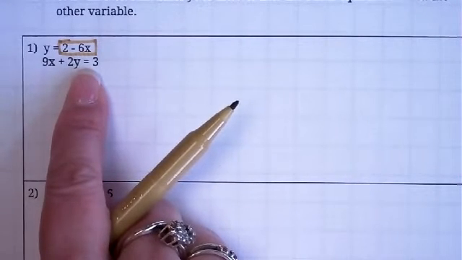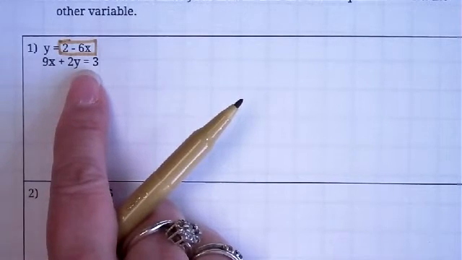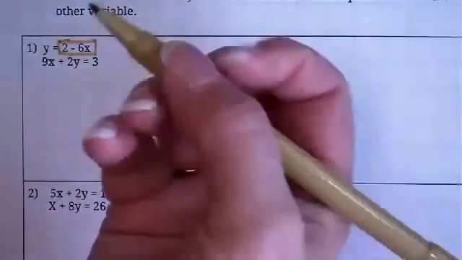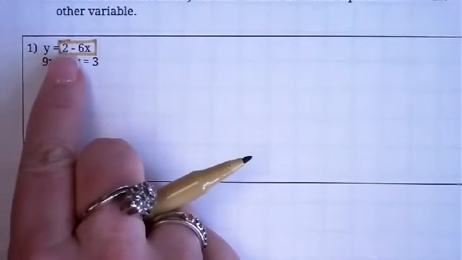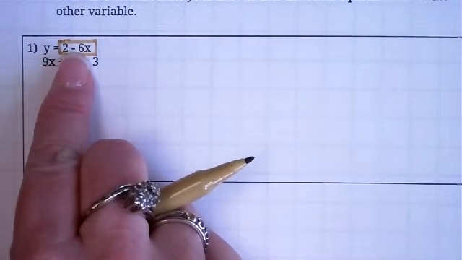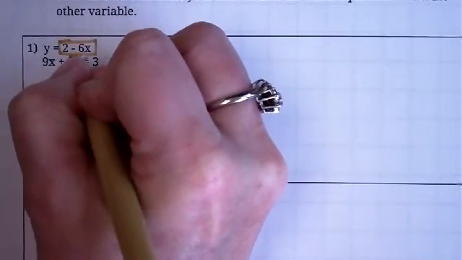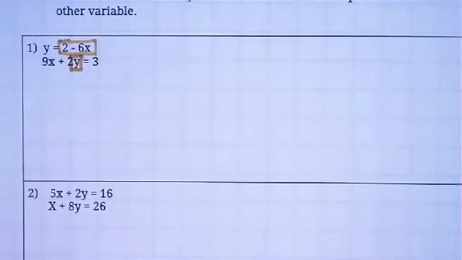But I can still do my substitution, because I'm going to take this whole little box right here, the 2 minus 6x, that I know that y is equal to, and I'm going to take it and put it in place of y in my second equation.